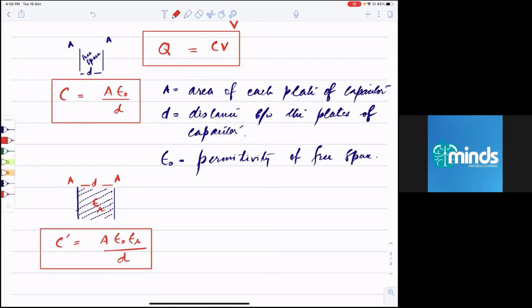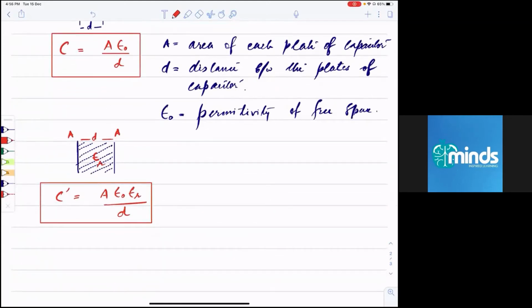See, this epsilon R is always greater than 1. Why? Because the permittivity of a medium is given by relative permittivity times the permittivity of free space. Now this permittivity of free space is the minimum value of permittivity.